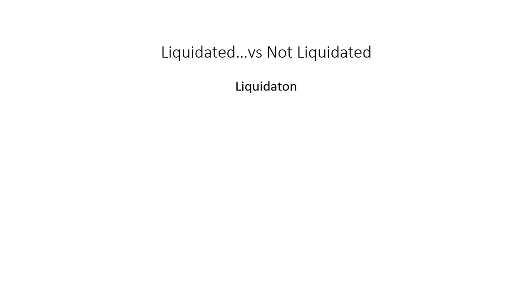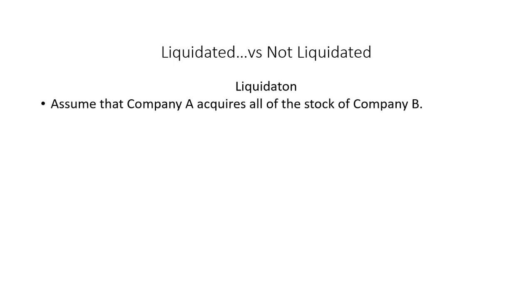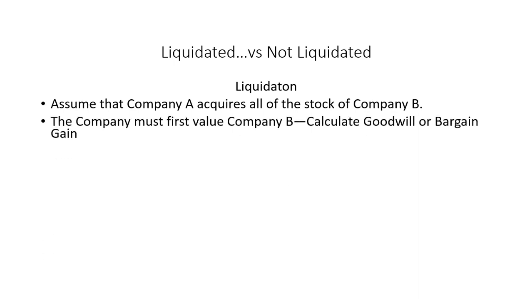Okay, so let's get to this. Let's assume first a business is liquidated. Assume Company A acquires all the stock of Company B. Company A must first value Company B, because when you buy anything, you have to value it at fair market value. You have to figure out how much you're going to pay for it, how much you think the company is worth. And that means you calculate goodwill or bargain purchase gain.